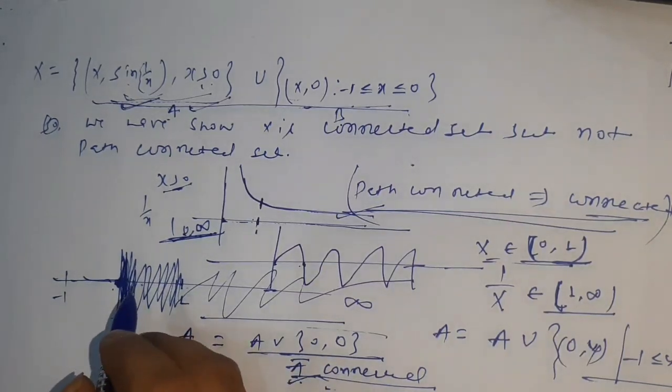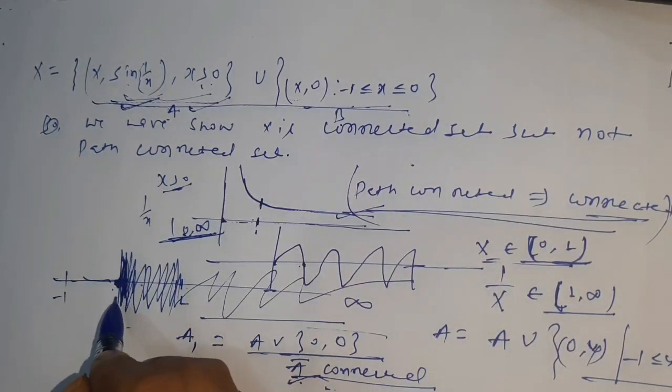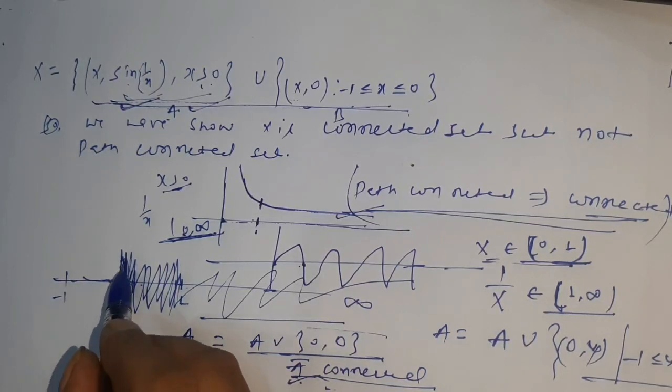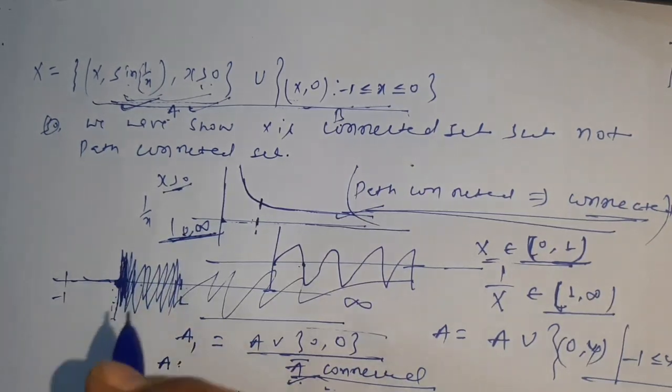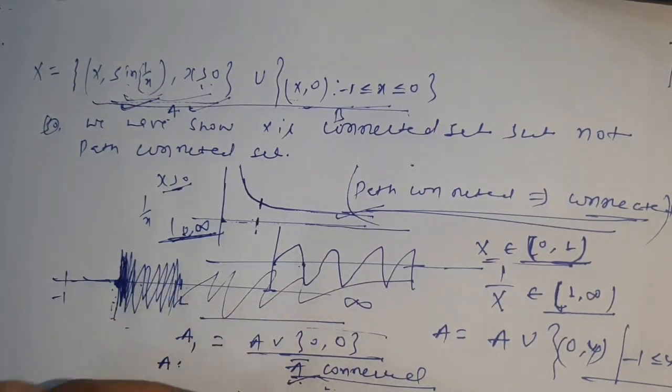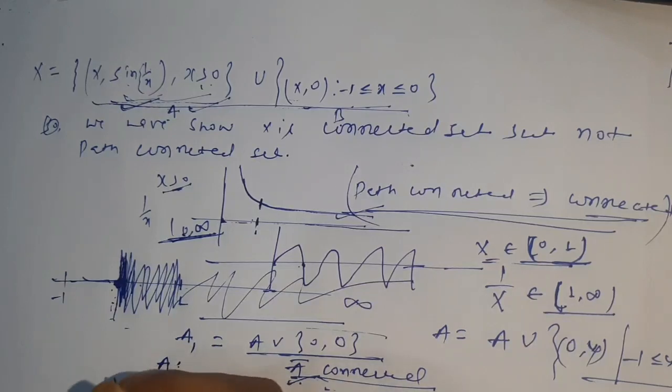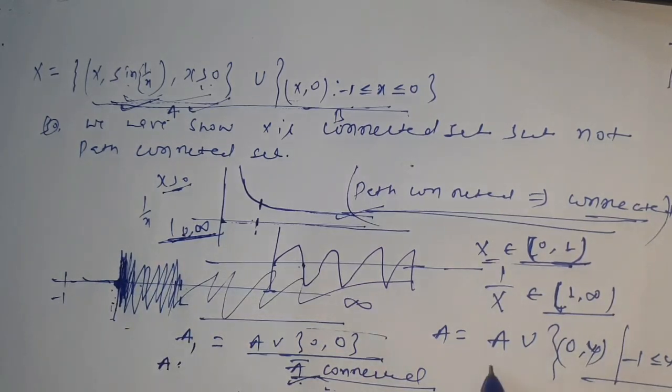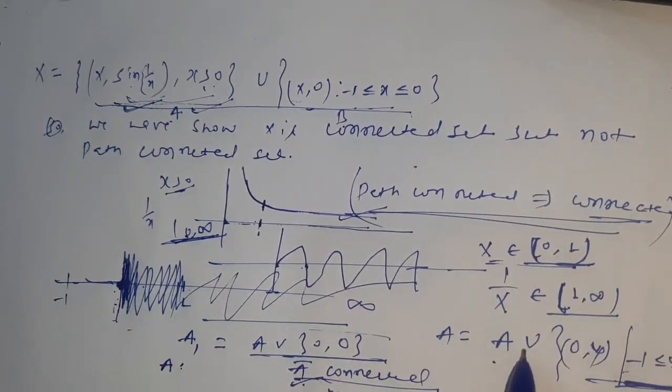The limit point of A is all the points lying on the y axis from -1 to 1, because if you make a neighborhood of any radius at any point, it contains infinitely many points. So the limit points are the closed interval -1 to 1, and this is the A closure.